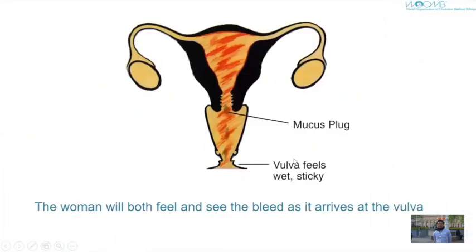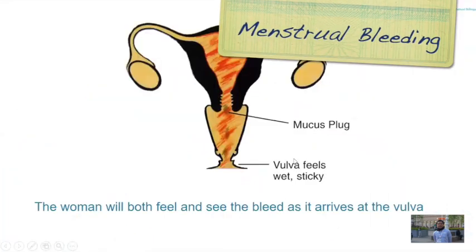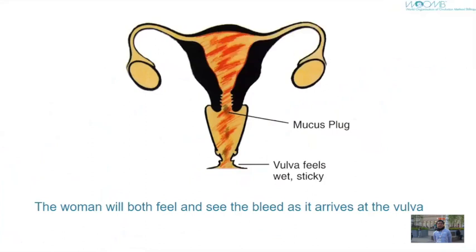The first one is known to be the menstrual bleeding, or what we call in Filipino, regla. During the days of menstruation, the woman will both feel and see the bleed as it arrives at the vulva. So it is very impossible for a woman not to recognize the bleeding.